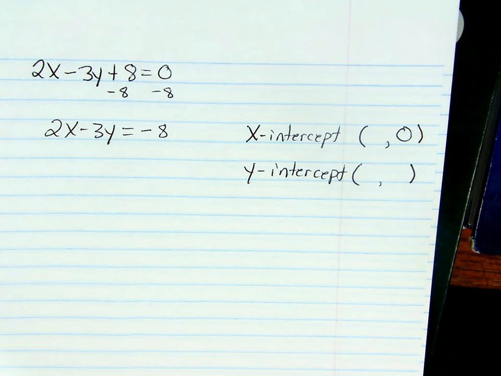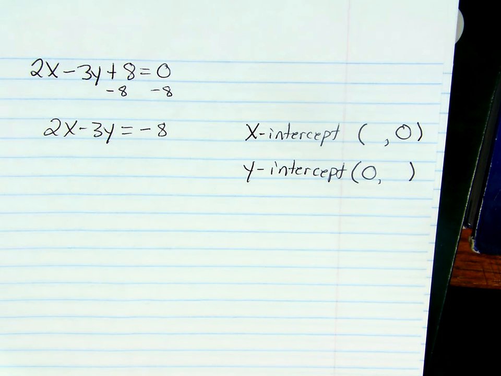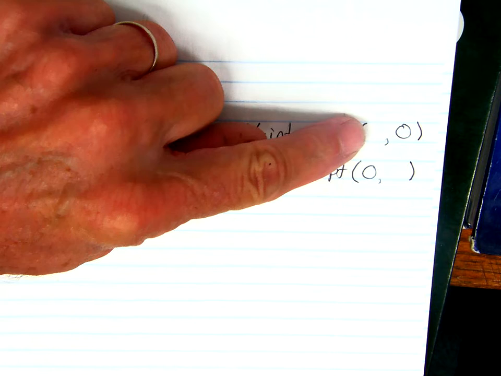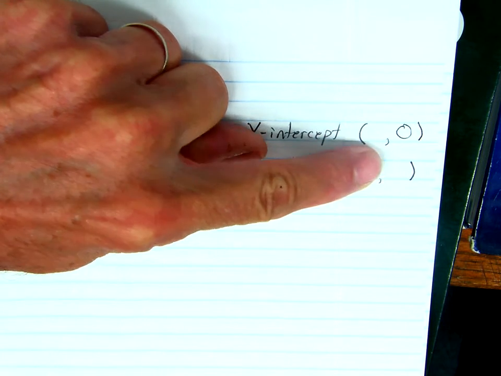Likewise, when you're crossing the y-axis, the y-intercept, the point where your graph crosses the y-axis, x will equal 0. All you need to do is find the number that goes here, the number that goes here. How do you do that?